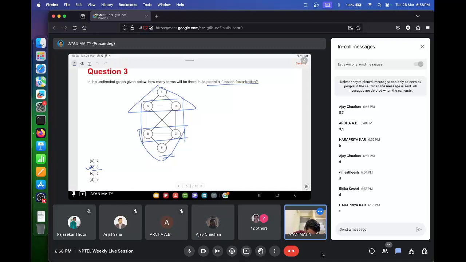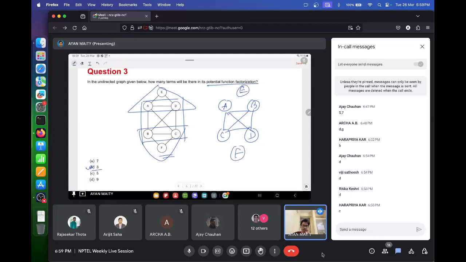I don't think that can be done. I'm not completely sure, but let's consider that E and F are not connected to any other nodes.